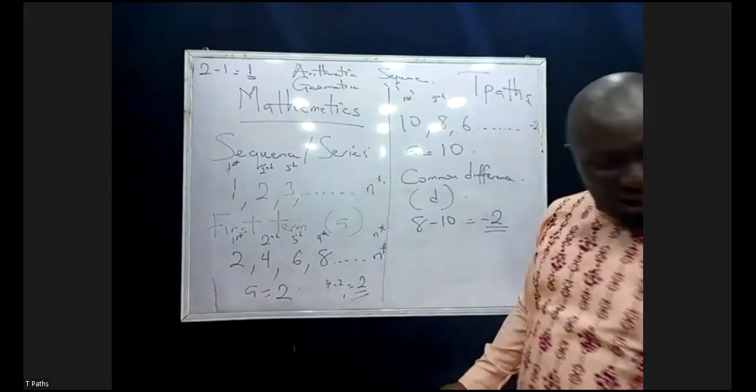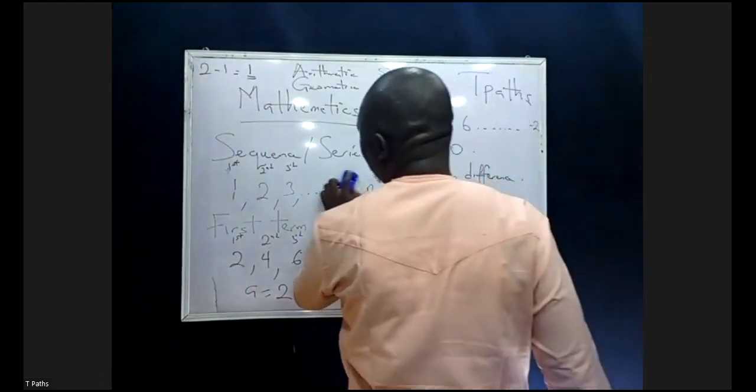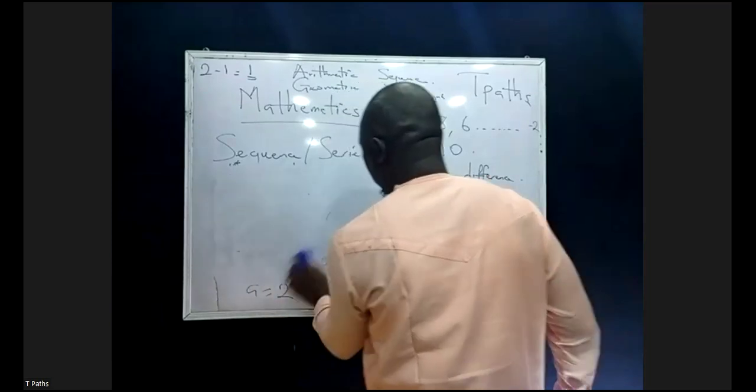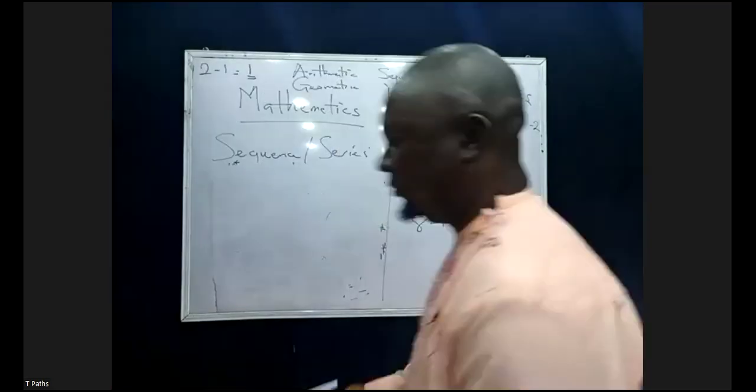All right. Now, to get the nth term, there's a formula. Your n is the number of terms.